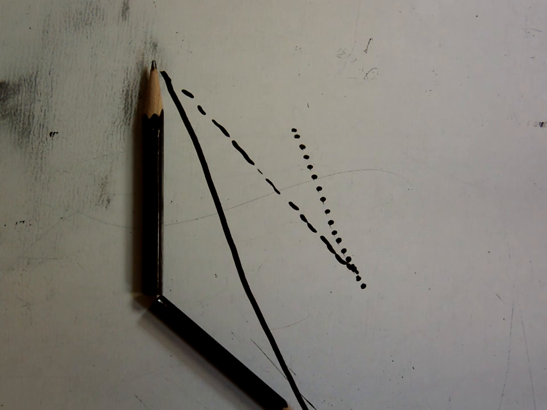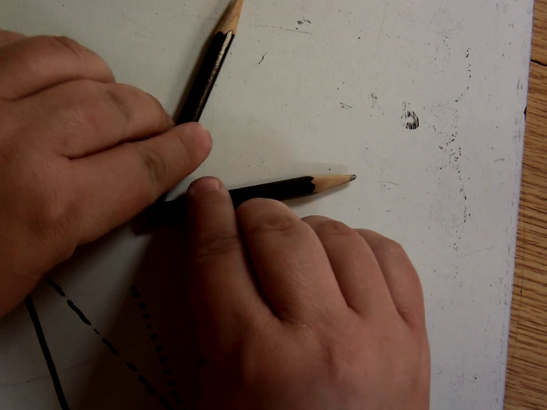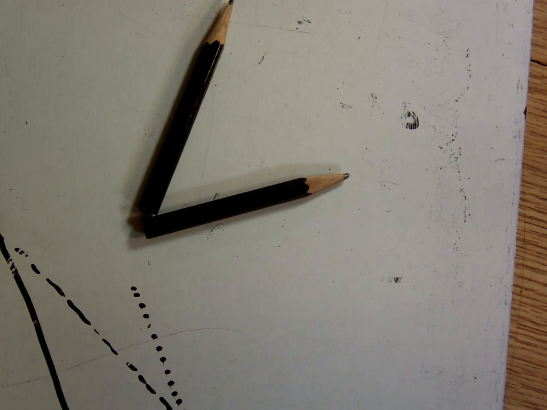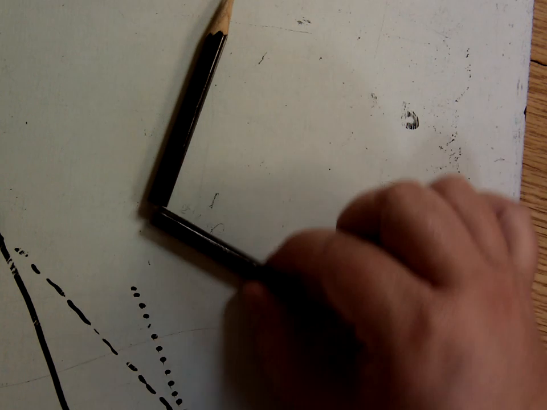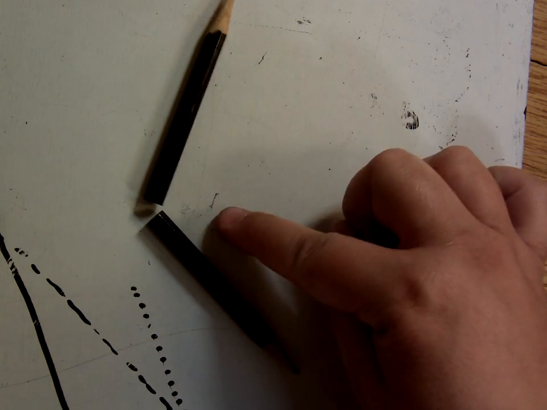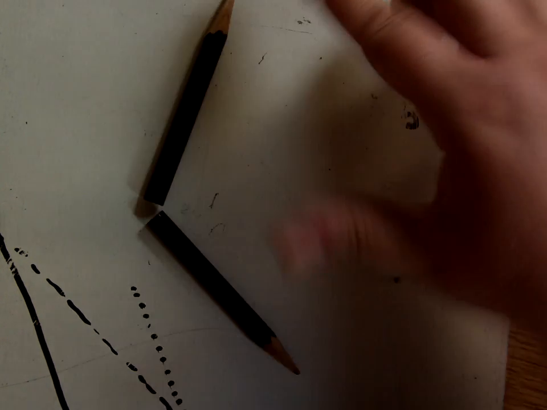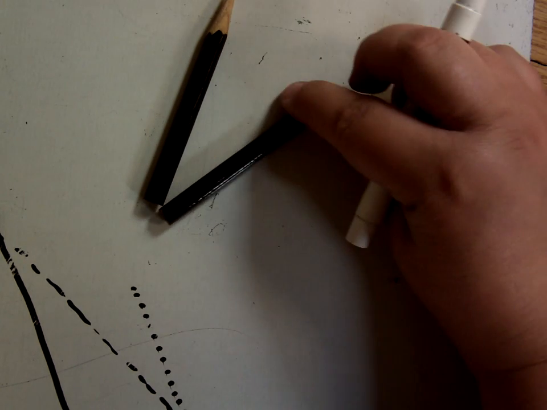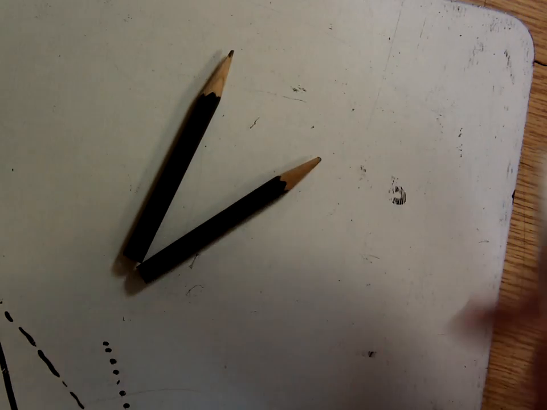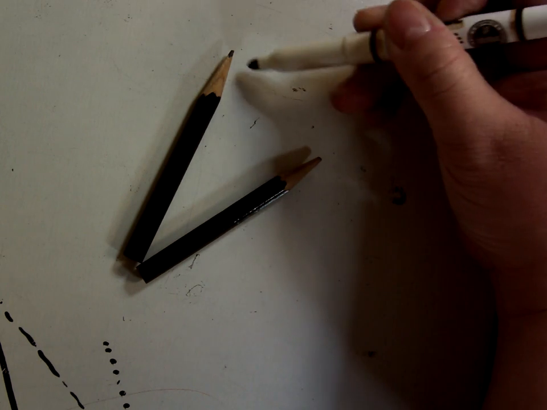So basically, the bigger the angle is between these two pencils, my two sides, any two sides of my triangle, the bigger the side across from it has to be. So if I have a really big angle here, then I have to have a really big side. If I have a really tiny angle between these two pencils, then I'm going to have a tiny side over here. So that's what this is saying.